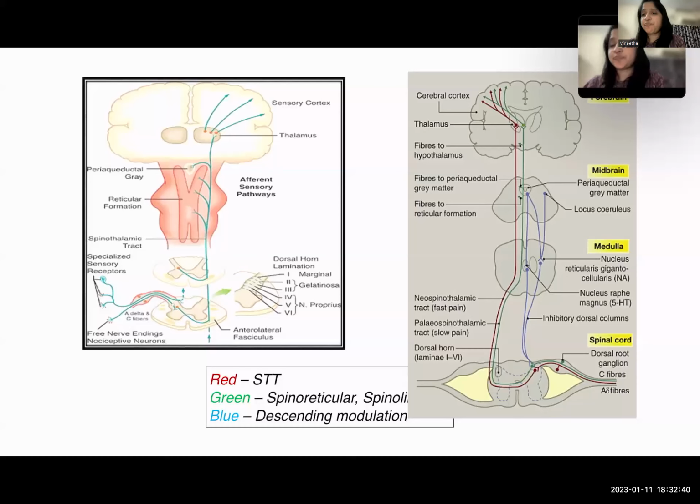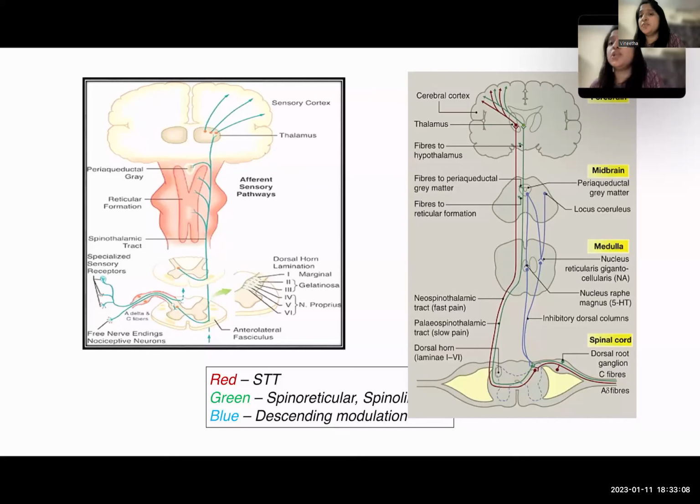So if the function of this red pathway, the spinothalamic tract, is the perception of pain, a major pain pathway, what is the function of this green pathway, the spinoreticular and spinolimbic? The emotional aspect of the pain. Yes, very good. Emotional aspect, autonomic responses, and one more important word.